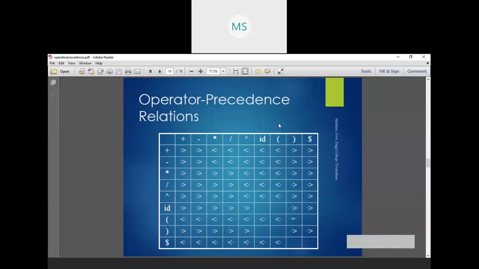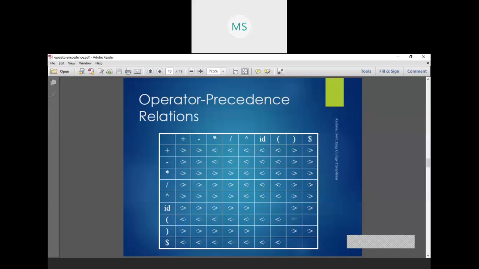See, ID and ID, there is no relationship. ID and open: I can't write anything, because between ID and open there should be an operator, so there is no relationship. Again, open and dollar: after opening, there should be an operator between them, so there is no relationship between open and dollar.